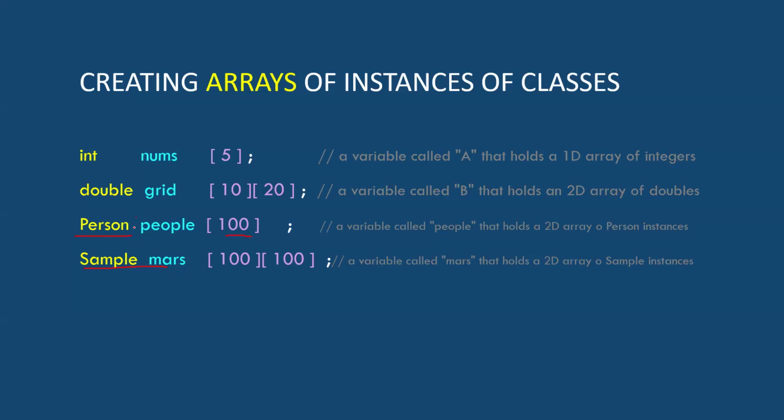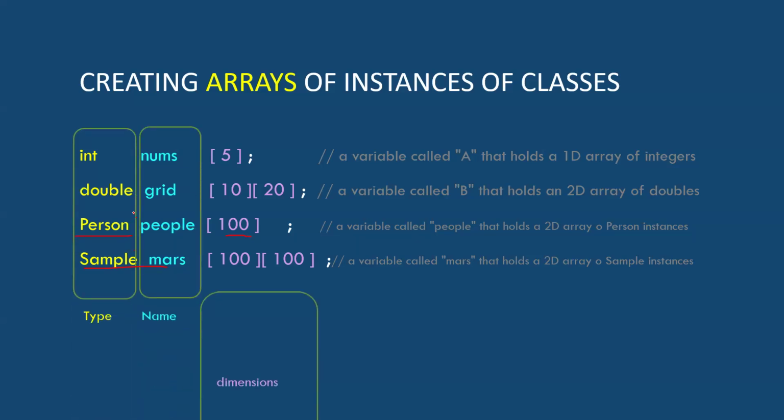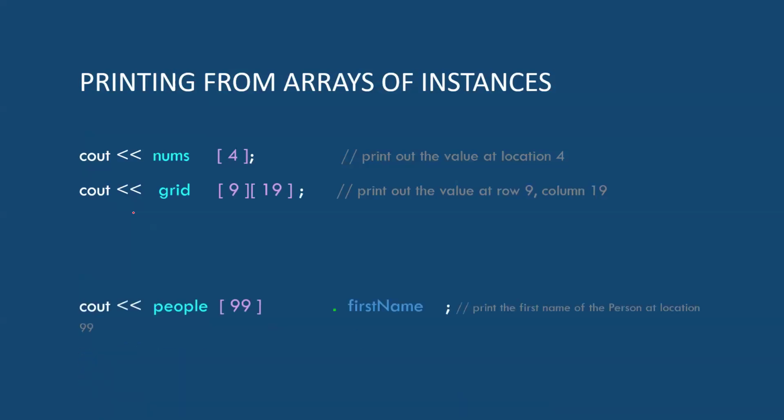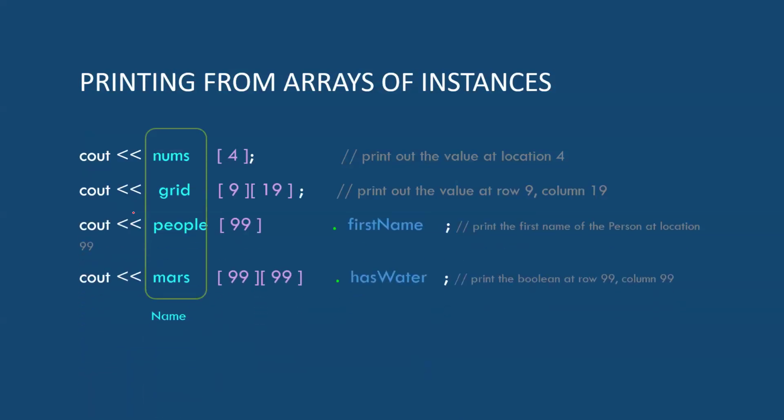No star, right? There's no star there. So if I want to reach inside the sample, I'm going to say Mars 05 dot has tracks, for example. But we can do that if we want. That actually puts the instance inside of the array. So if I want to print from those arrays, there's our dot, right? So people 99 dot first name.